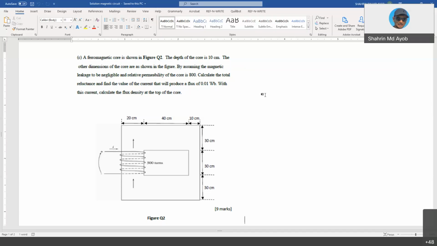So you may need to memorize the parametric equations for a circle and so on. This is actually a straightforward question, but the tricky part is obtaining the mean length, the average length of this one.